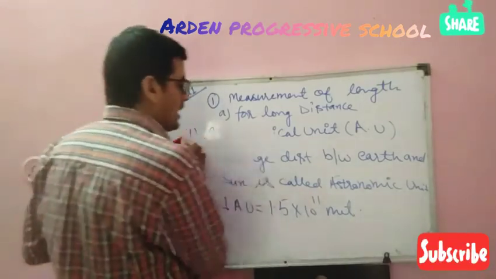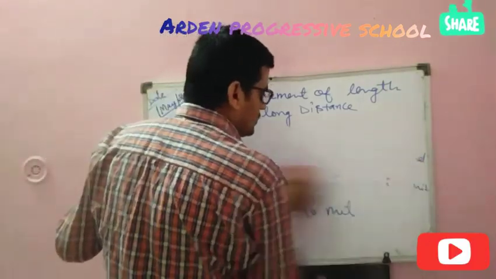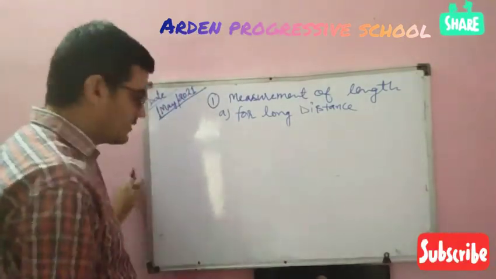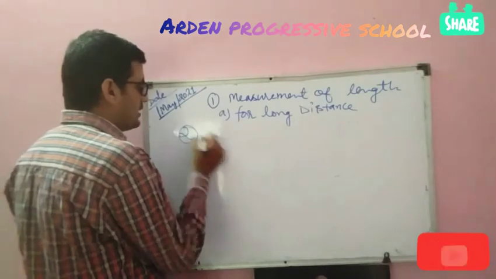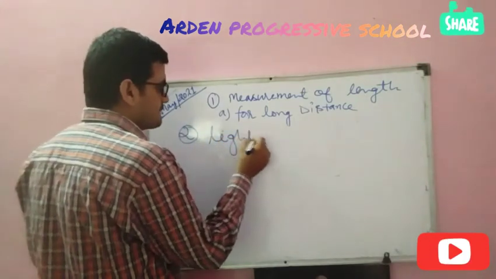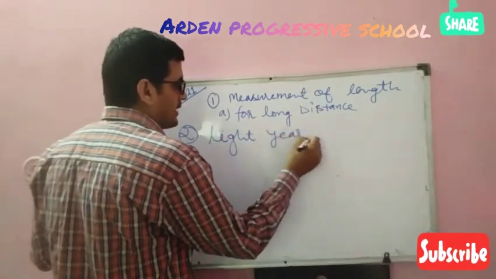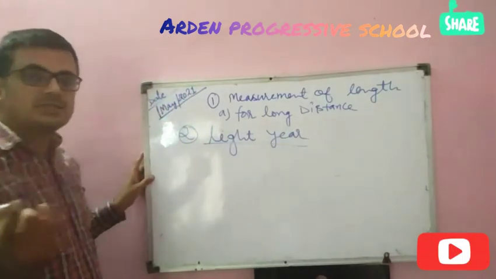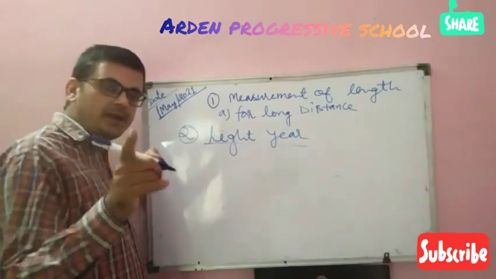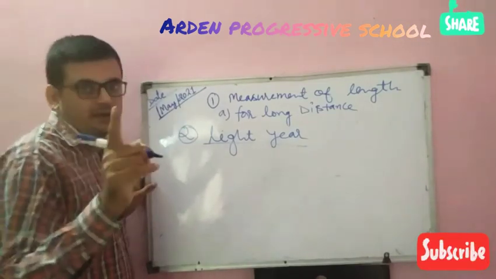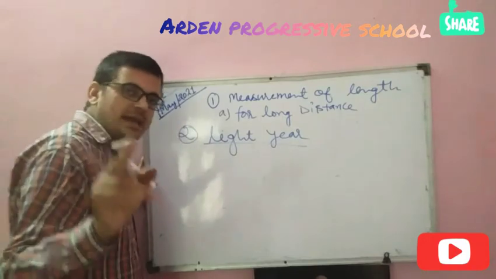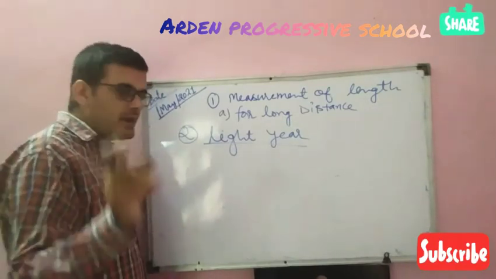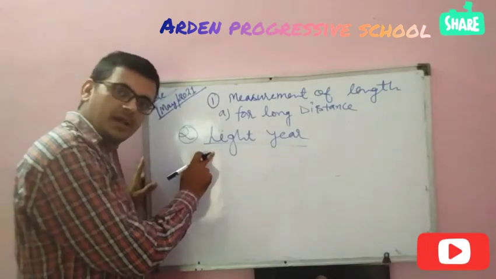Student, another unit which is used to measure long distance is the light year. What is the meaning of light year? The average distance traveled by light in vacuum in 1 year is called a light year.